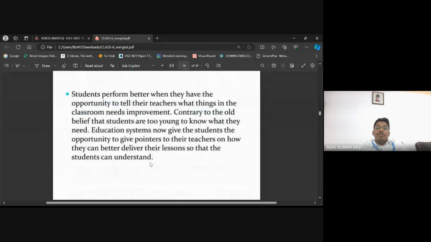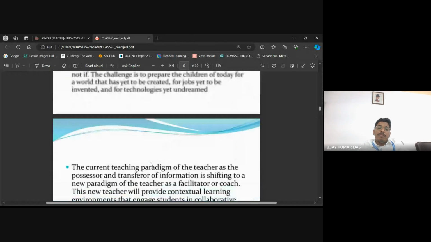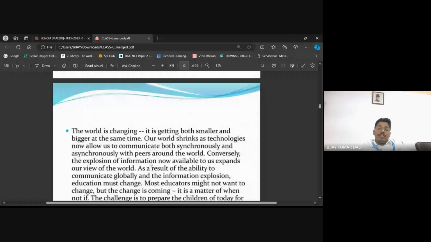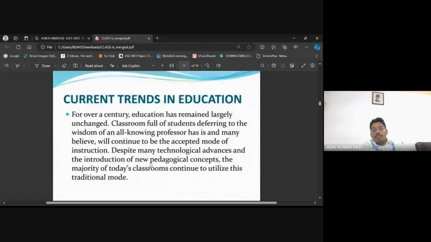You can also say the parents, the community members, the teachers, the teaching staff, the non-teaching staff also, in different forms. So this is very, very important, my dear students, and you shouldn't ignore that.